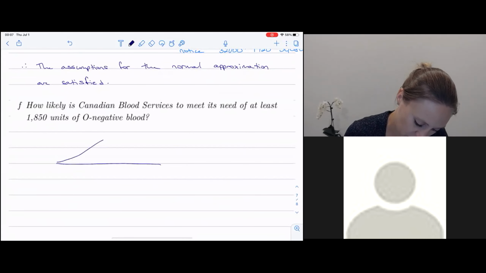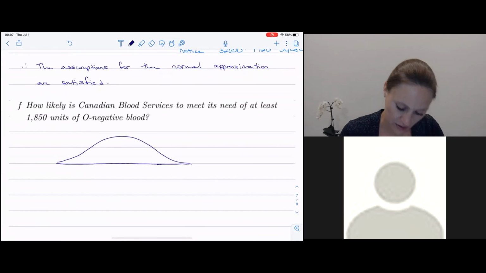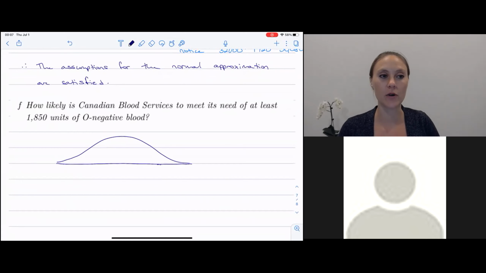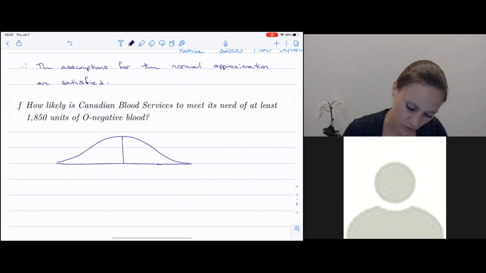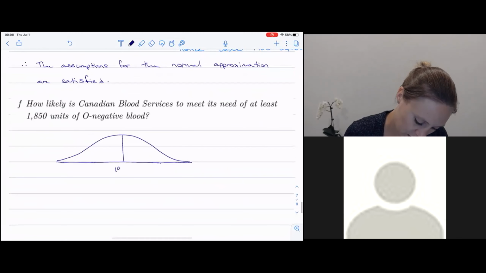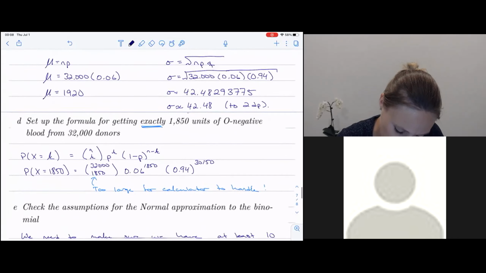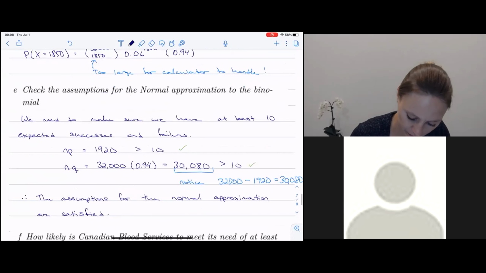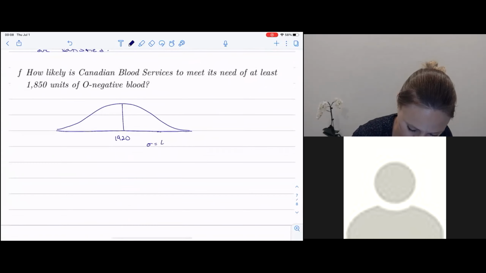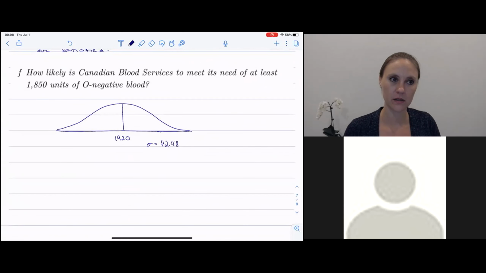So what we can do is draw this distribution of O negative donors with a mean of 1920 and a sigma of, what did we say? 42.48. Let's use the rounded value, that's fine.